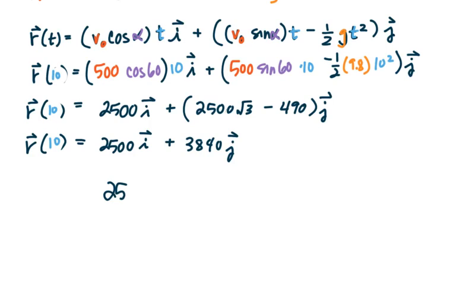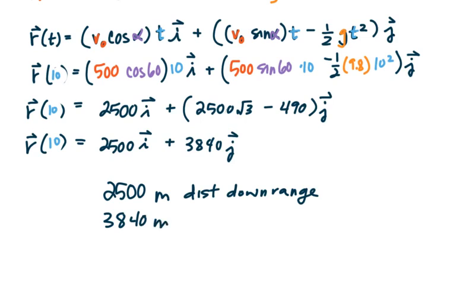So 2,500 meters is the distance downrange, and 3,840 meters is the current height.